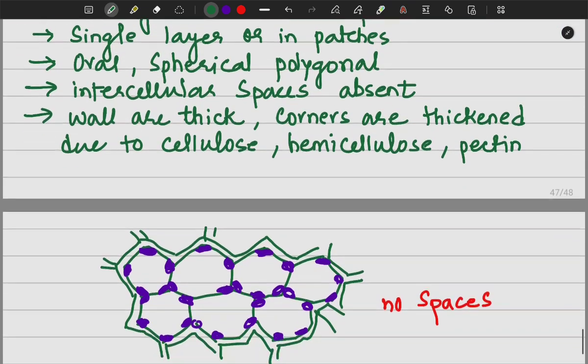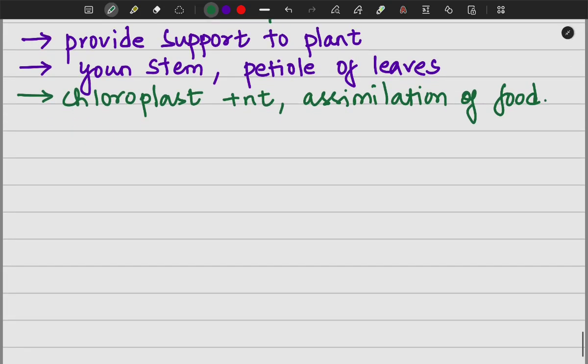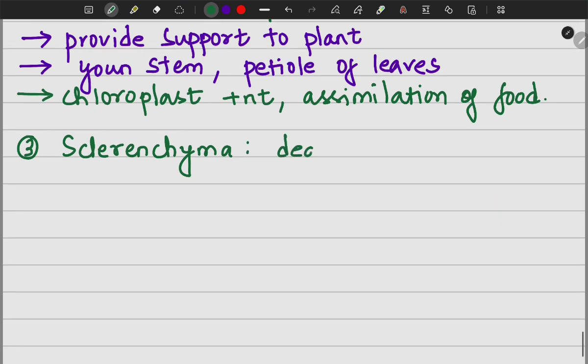Now let us move on to the next type, which is sclerenchyma. So sclerenchyma are the dead cells. The cells of the sclerenchyma are dead. No part of it is living.